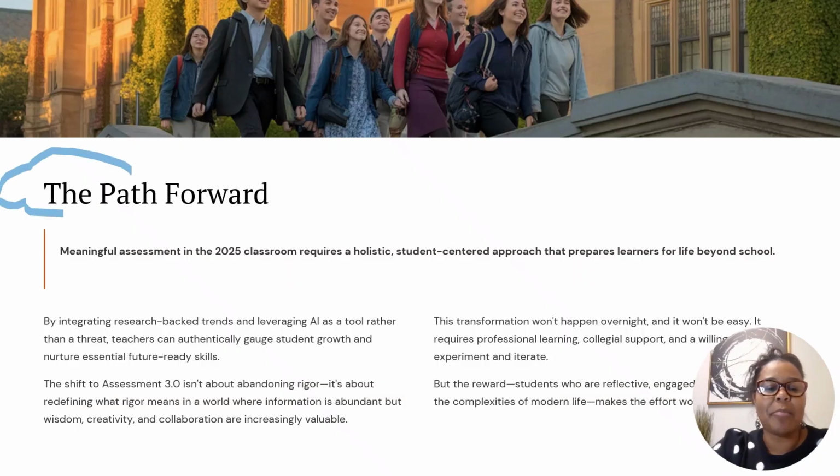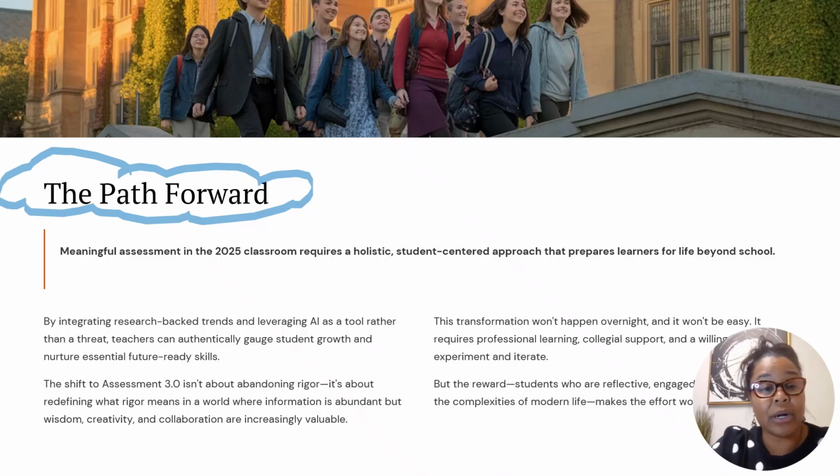I think, again, our path forward is being able to co-plan, co-create, and co-support our students in growing through this time that we are unsure about where this AI is going. So thinking about the holistic student-centered approach, really what do we need to know to make sure we support our students beyond the classroom?